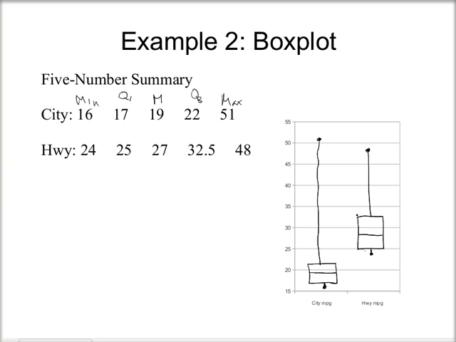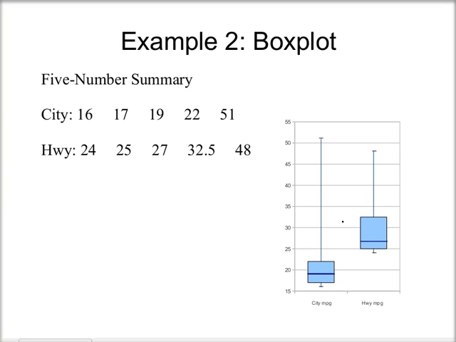So the middle half of the highway miles per gallon span a bigger area than of the city miles per gallon, even though the overall range is much smaller for highway miles per gallon. So here are those boxes drawn a little bit nicer. And that finishes up that example.